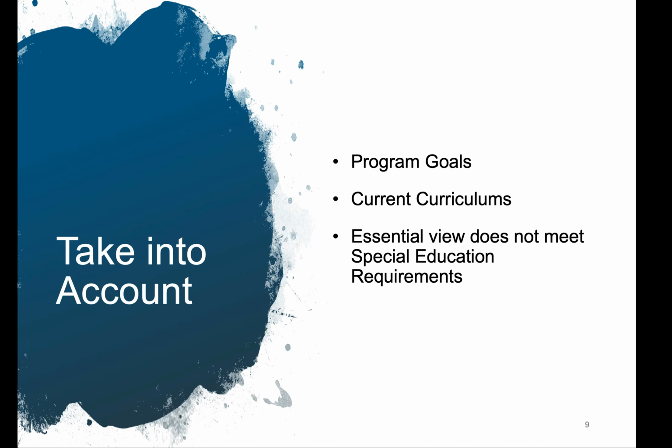When an agency is choosing which view of the assessment to use, we recommend taking into account your program goals, your current curriculums, and remember that the essential view does not meet special education requirements.